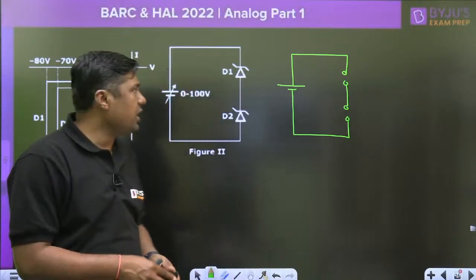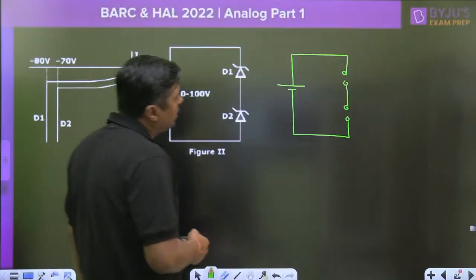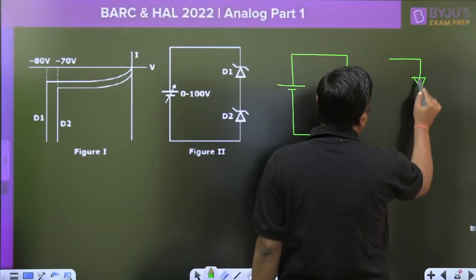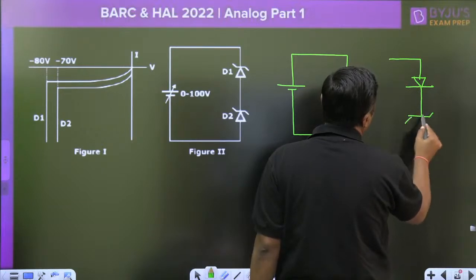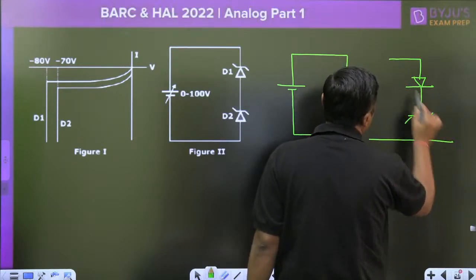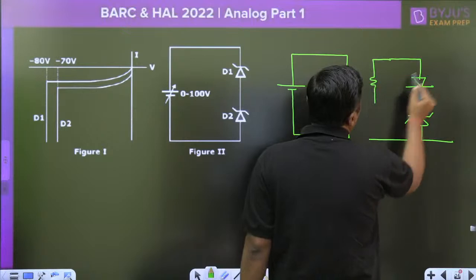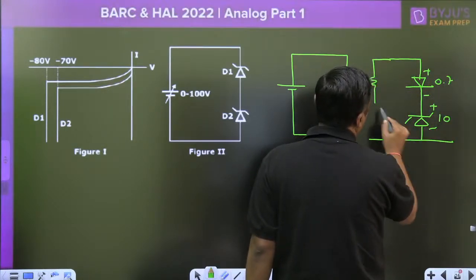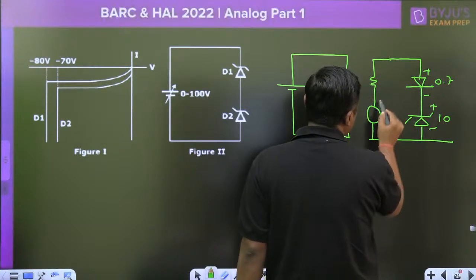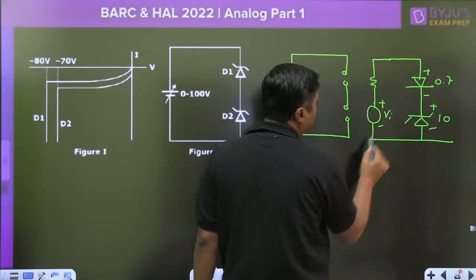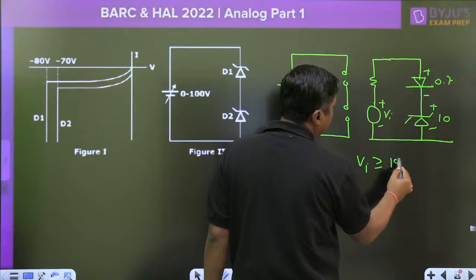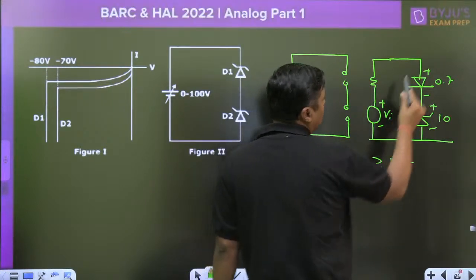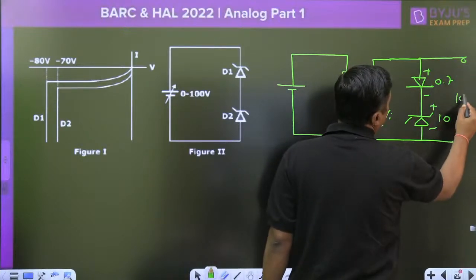For example, sometimes we have one diode connected in forward direction and one diode connected in the reverse direction. This will require 0.7 volt, this will require like 10 volt. When the input is greater than or equal to 10.7, then this diode is forward biased, this diode is in breakdown, and then the output will be 10.7 volt.